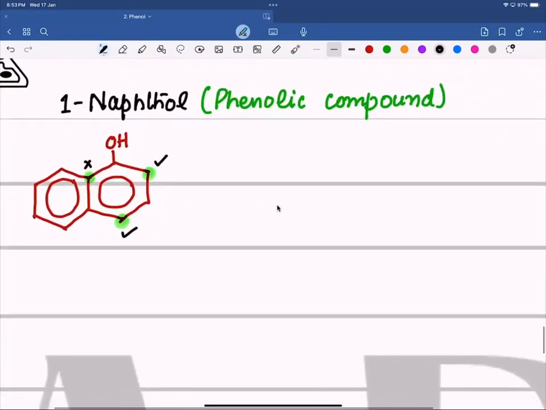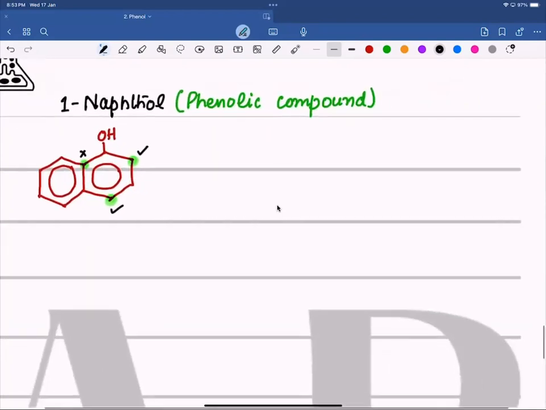The important thing is that benzene, we know, is less reactive than phenol. So no substitution is going to occur on the simple benzene ring. The substitution occurs only at the ring which has an OH group, which is phenol, and only at the rest of the two positions.